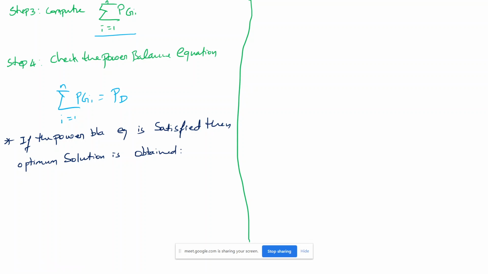So that is the optimum solution, because whatever the Pi at step 2 you got is optimum. In step 2 you know how much power you need to generate for the different generators. So if you find that it is satisfying step 4, then the step 2 values are correct and those values are optimum, first condition.